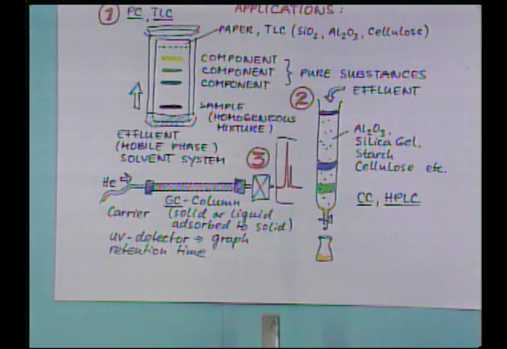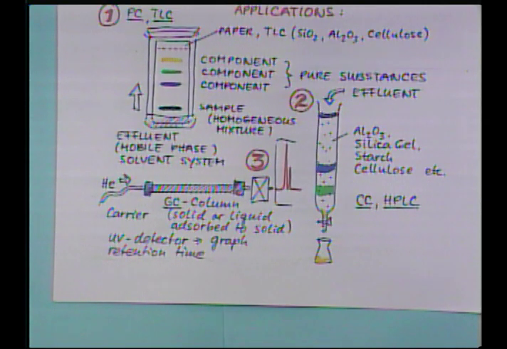We always have to keep everything wet, so the mixture will be driven by a solvent system, just like with the other technique, down through the column, and we can isolate the different fractions as they come out from the bottom. So this is also a preparatory way of separating the components because we can do further analysis of the fractions or the cuts or whatever we may call them.